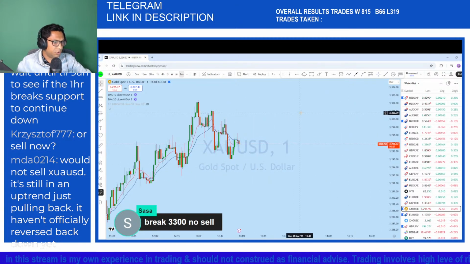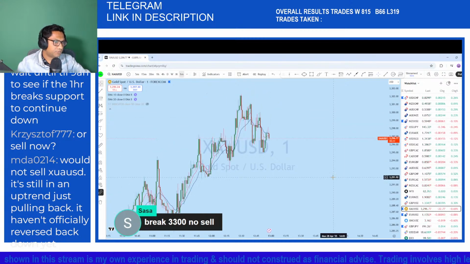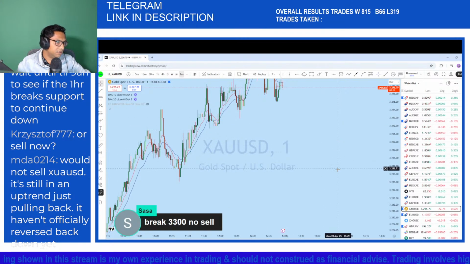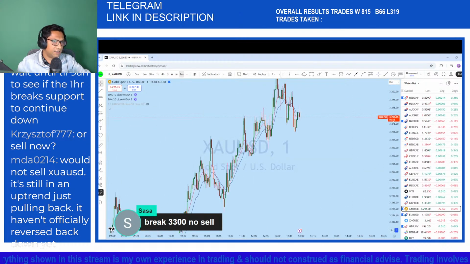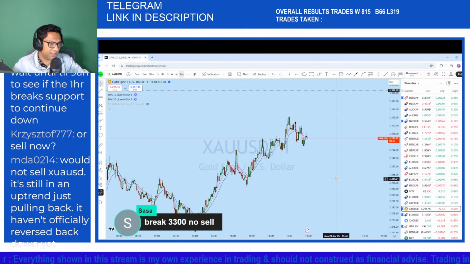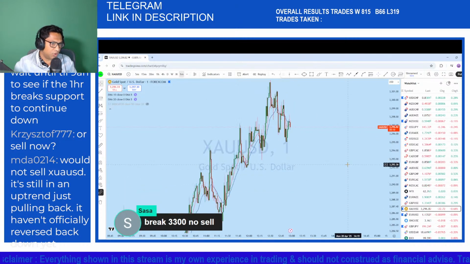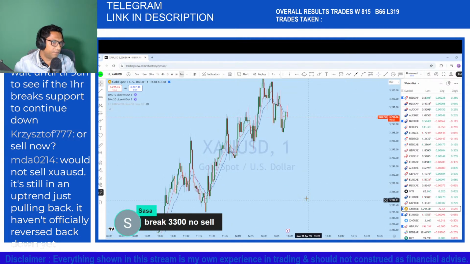So here there is a possibility to come back to the order block. But I think that as this market trend got exhausted, we might see the market potentially drop back down to the order block, to this support level.